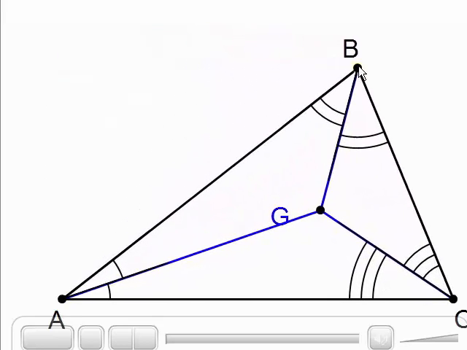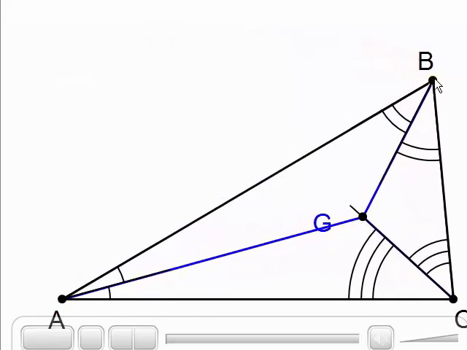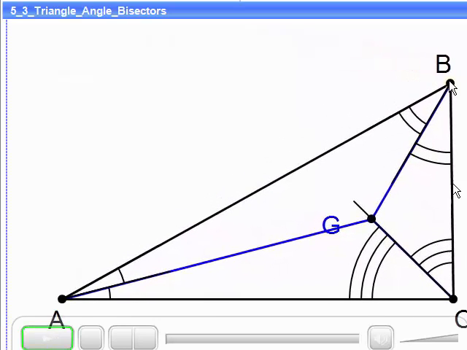Let me pause it for a second. You'll notice that no matter how this point drags around, this angle is congruent to that one. This one is congruent to that one. This one is congruent to that one. No matter how I drag point G around, we are always dealing with angle bisectors.